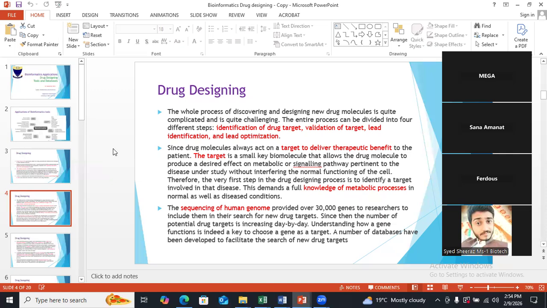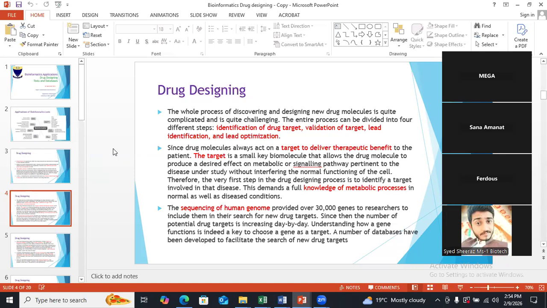Mostly the diseases are caused by unwanted changes in the metabolic processes of the human body. So, knowing the metabolic processes is essential in order to study the binding of the new molecules at the specific steps within the metabolic processes.